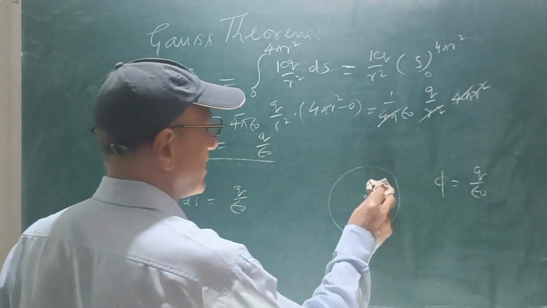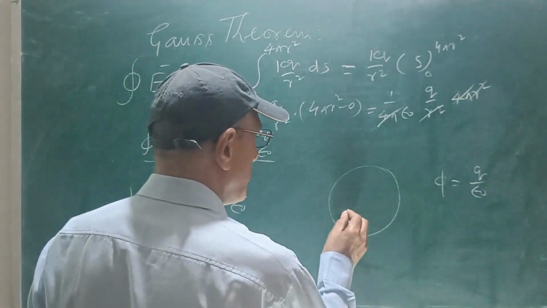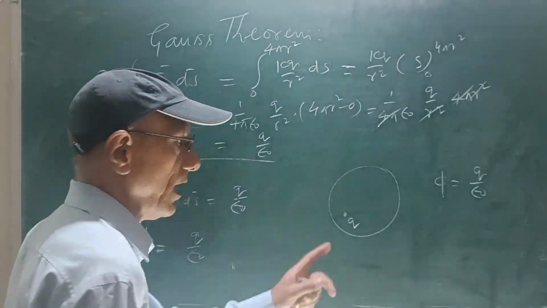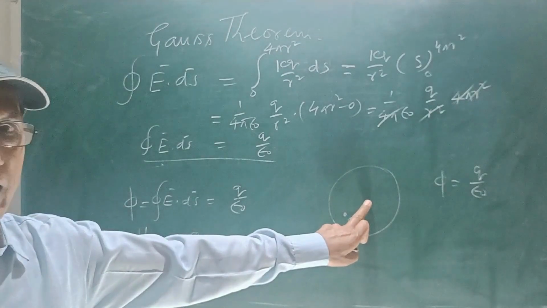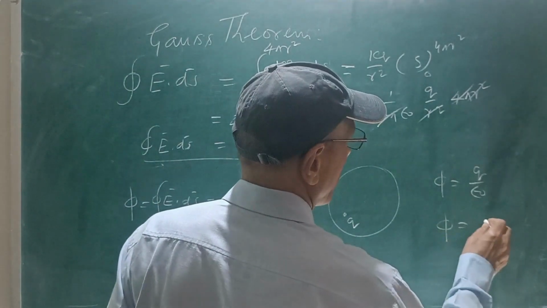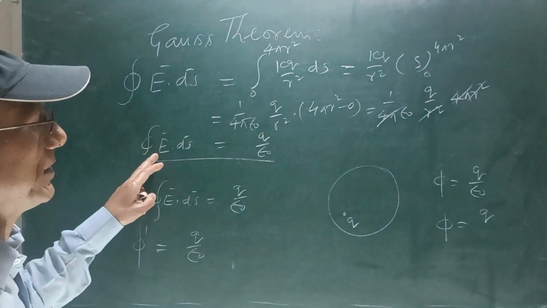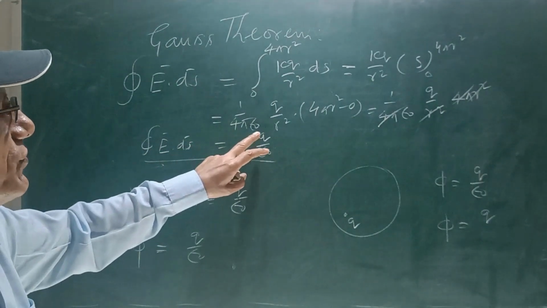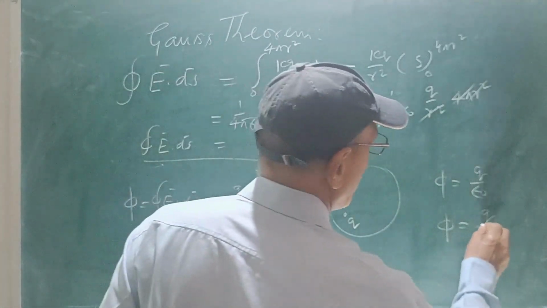Now I shift the charge to some other point other than the center. What will be the flux this time? Again, according to the statement, the flux is always equal to Q by epsilon naught. So it will be Q by epsilon naught.